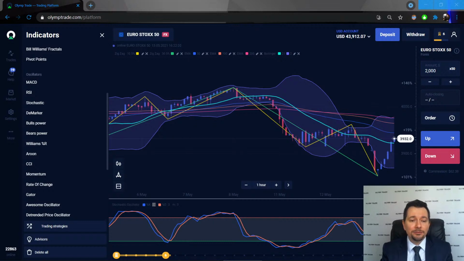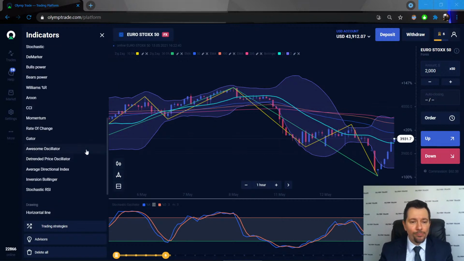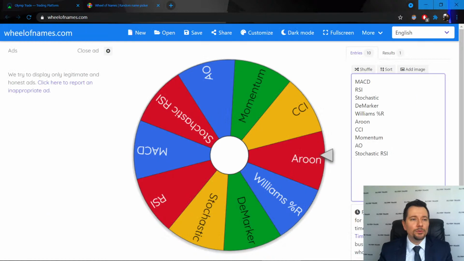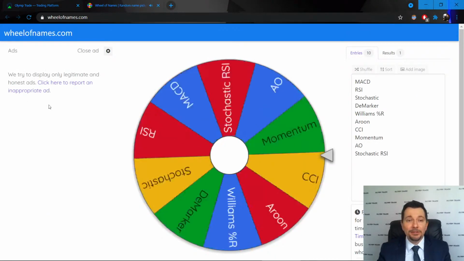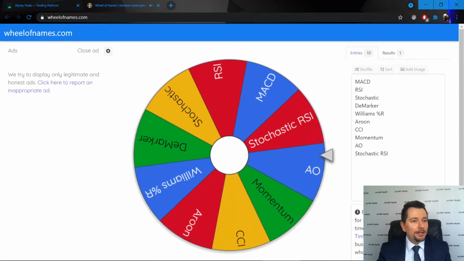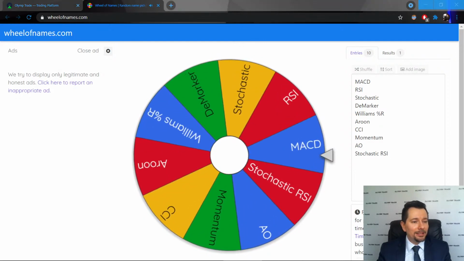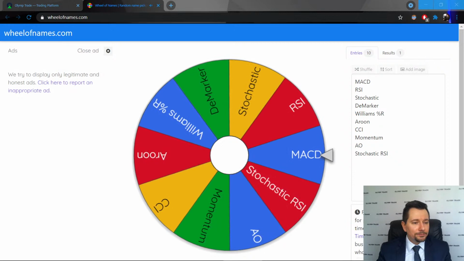I'm going to be picking a few of them and letting you guys know what would be the best opportunity. So here we go. Let's go ahead and pick one out of these indicators that we have on the platform, and I will see if you guys have any questions yourselves.